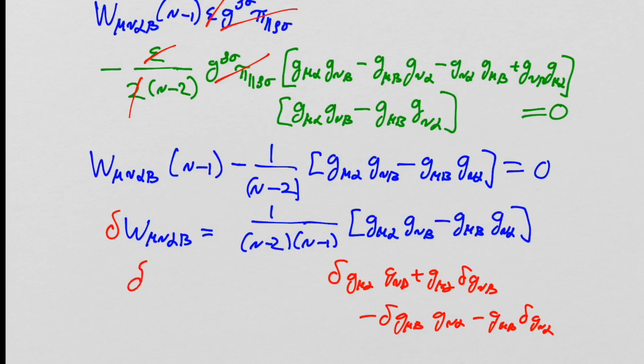And of course, the variation of G AB is just equal to epsilon pi times G AB. So each of these terms, you basically pull out an epsilon pi.